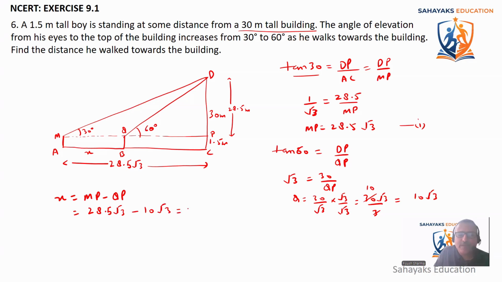So this value comes out to be 18.5 root 3. And if we multiply this, it comes out to be somewhere around 32.04 meters. So the distance traveled by him is 32.04 meters.